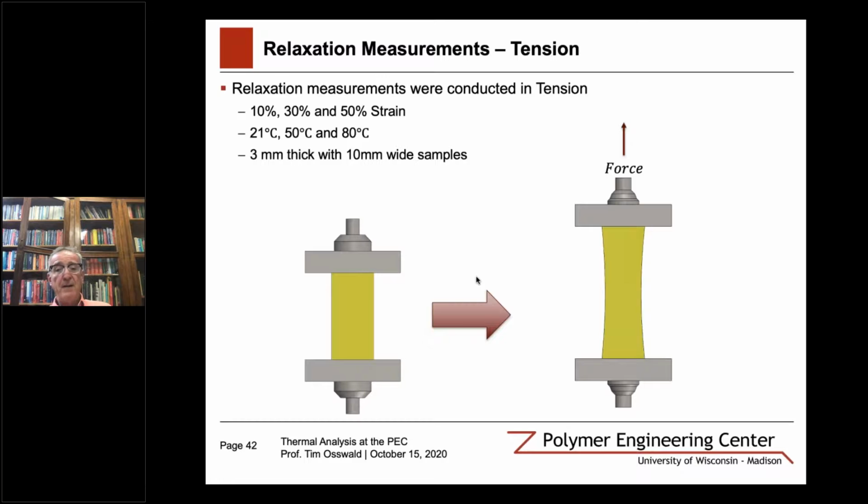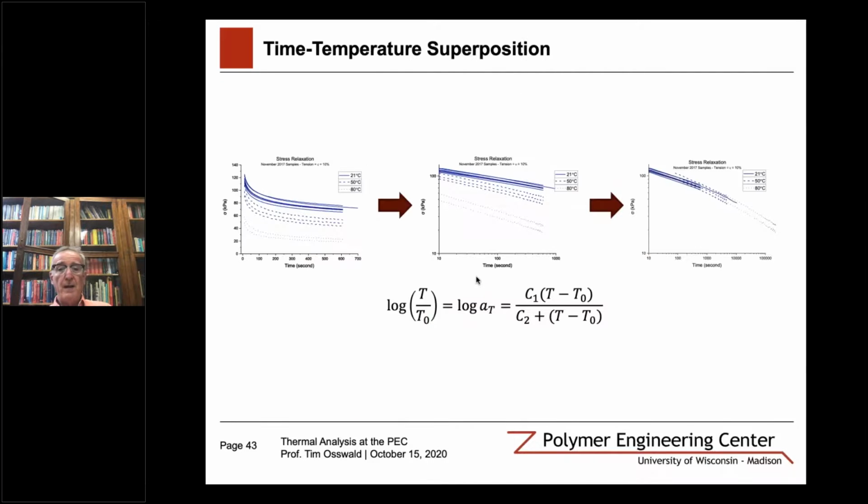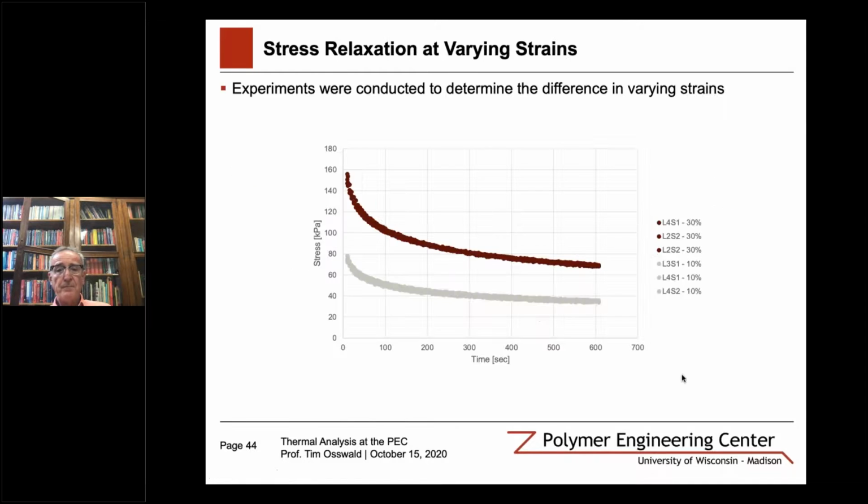Other things that we did were relaxation tests. Also with the Eplexor, we measured relaxation at different temperatures. Then we used the time-temperature superposition principle to get relaxation behavior to very, very long times. So we don't need to do the test as long as we want the relaxation time, by generating a master curve. And this is just standard viscoelasticity with time-temperature superposition.